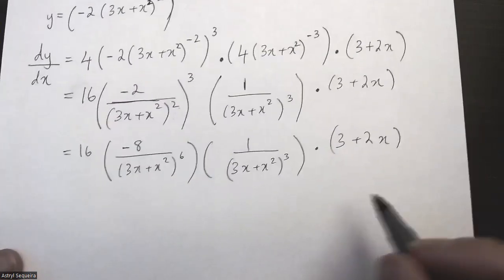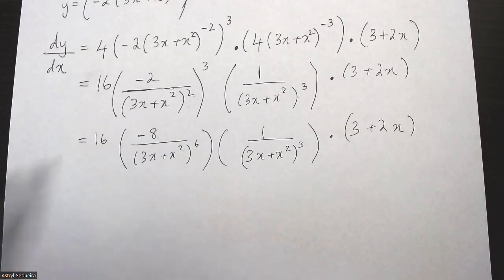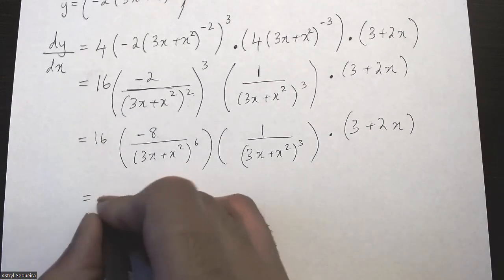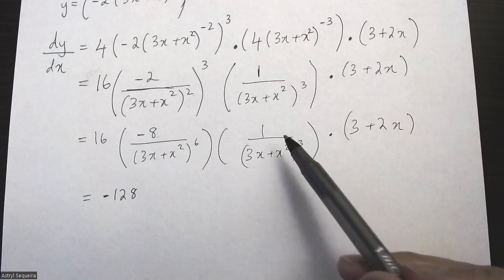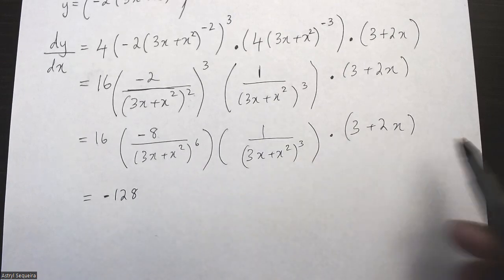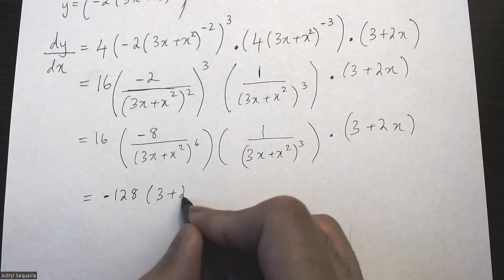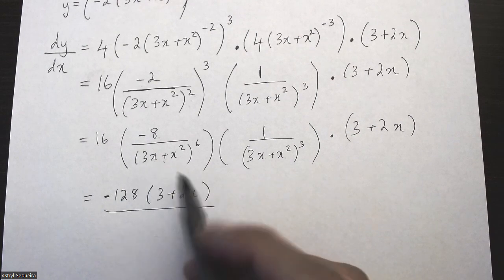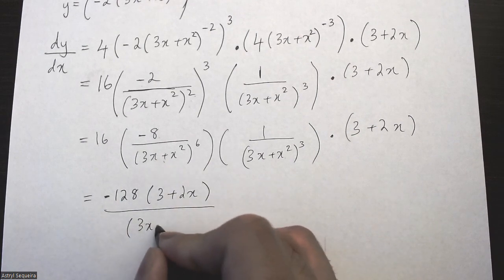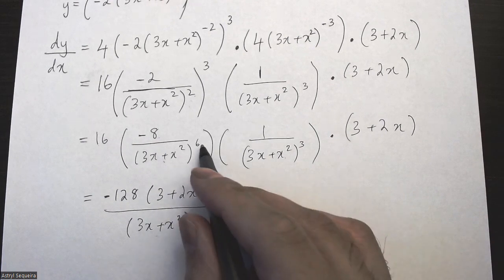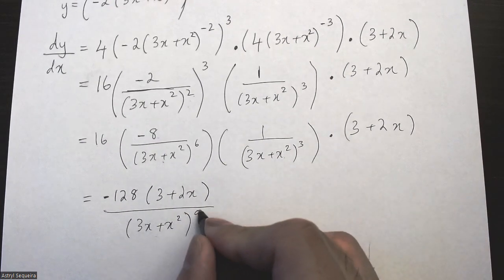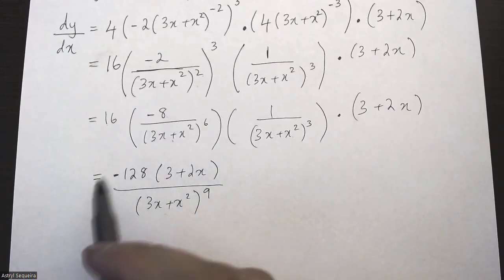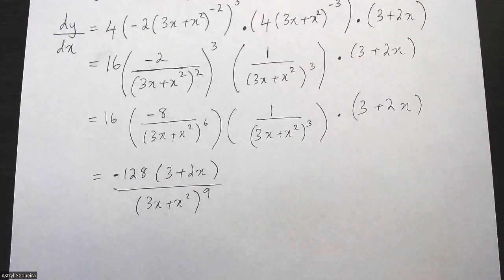And then the last step I can simplify again is 16 times -8, which is -128. Times 1 means it's just the same thing, and then times this, so 3 plus 2x in the top. And in the bottom, I can combine these two here because they're exactly the same. When I multiply them, I'm just adding my exponents, so my new exponent is 6 plus 3, which is 9. And this is my fully simplified solution to this first question over here.